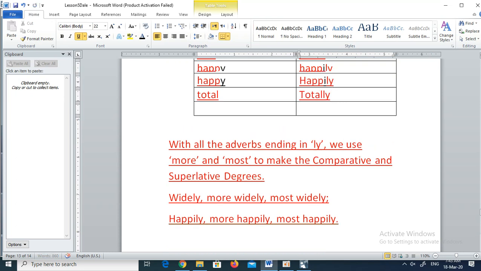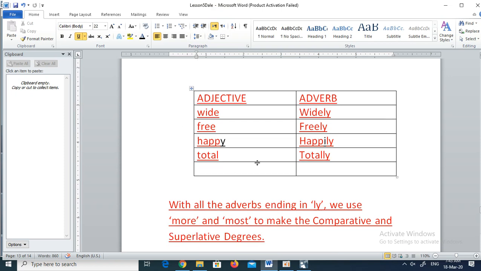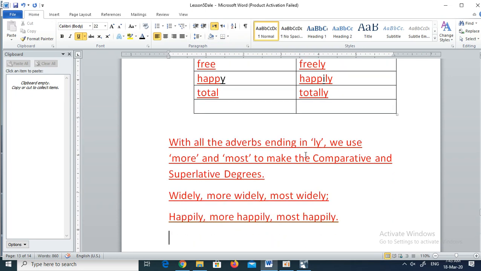The largest group of English adverbs are the adverbs that are formed by adding ly to the end of the adjective. And with that group, if you need to make the comparative or the superlative degrees, all you have to do is add those two words, more and most.